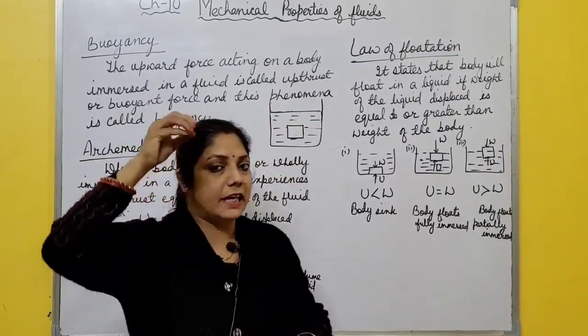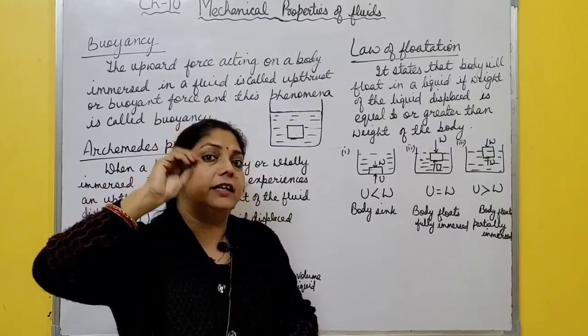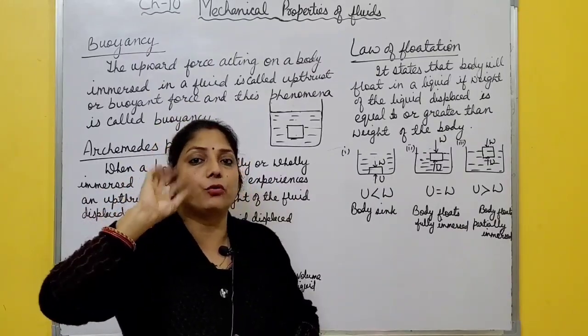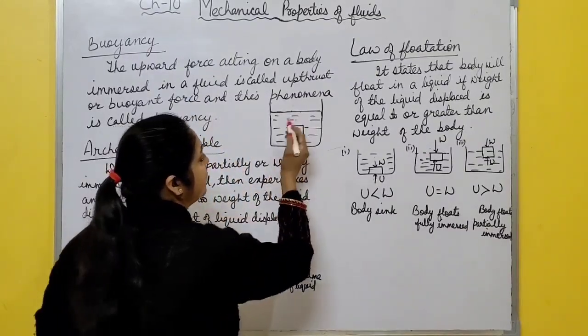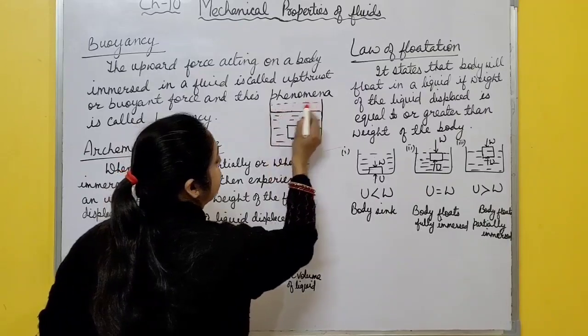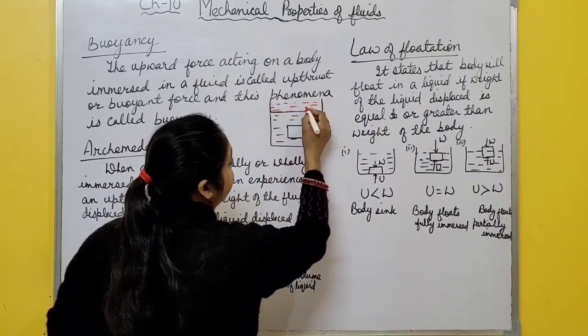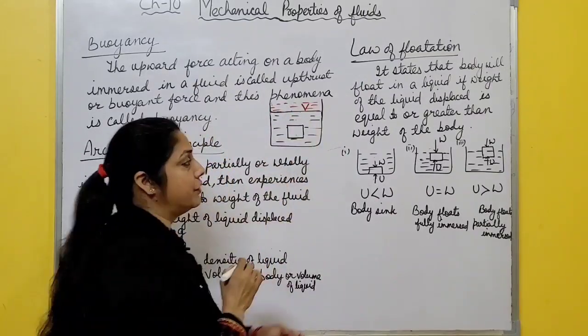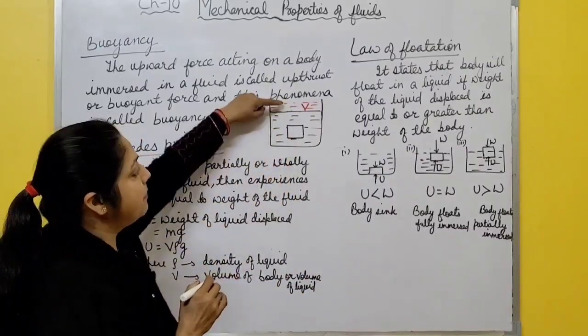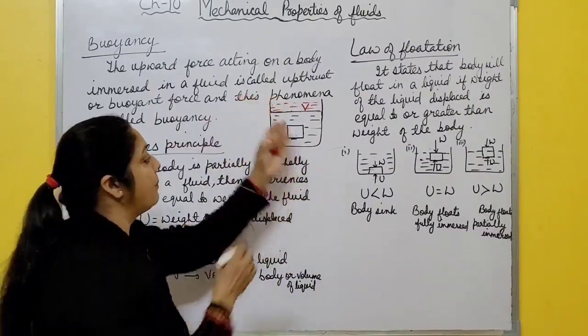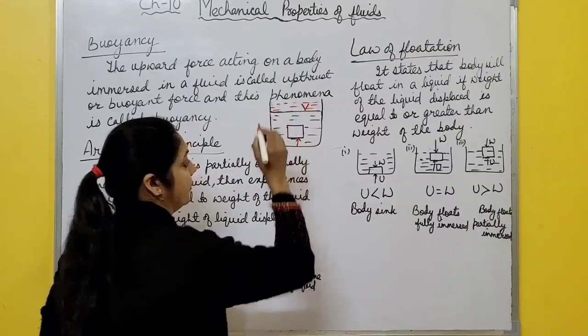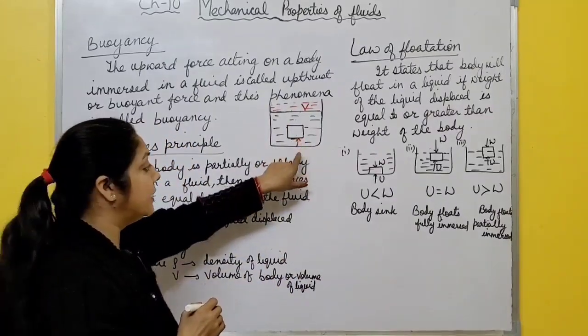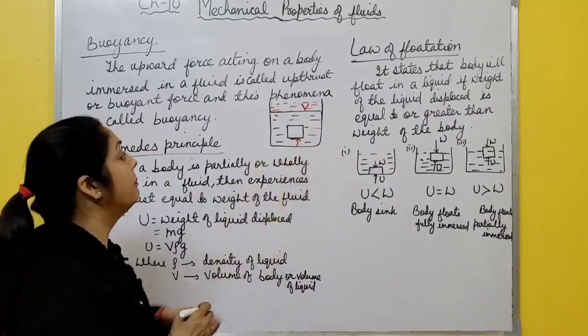When you place any body in a liquid, it displaces some amount of liquid. Suppose the level of the liquid rises by this amount and the volume of the displaced liquid is V. This displaced liquid exerts some upward force on the body, and this upward force is called buoyant force.